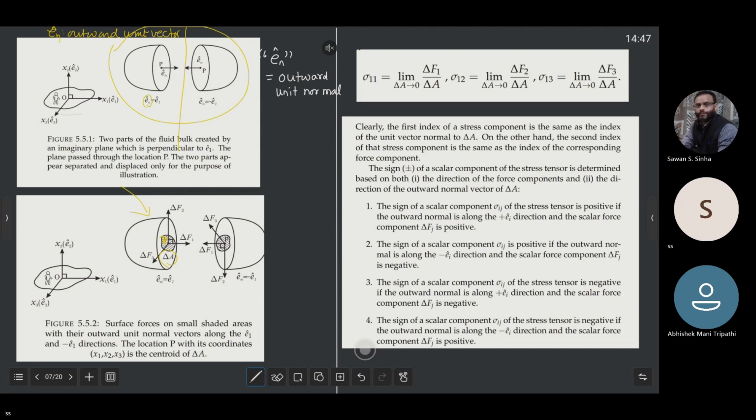Now, this small area, after cutting, if I want to draw the forces that the right part was exerting on the left part through this area, those forces are written here.